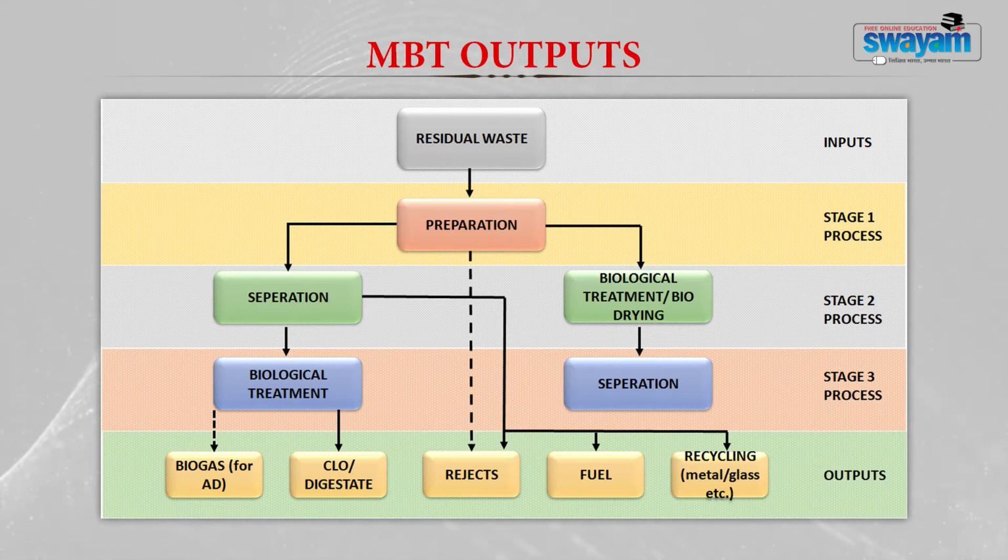After the basic preparation, if you are subjecting it to segregation, then you follow path 1, and if you are not subjecting it to segregation, you follow the second path. In path 1, after waste preparation, the waste is segregated and then directly subjected to biological treatment. Biological treatment again can be anaerobic digestion where biogas is generated, or it can be a composting process where compost like output is generated, and the digestate is the residue.